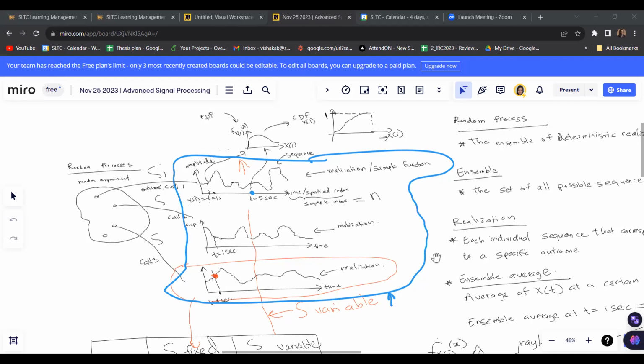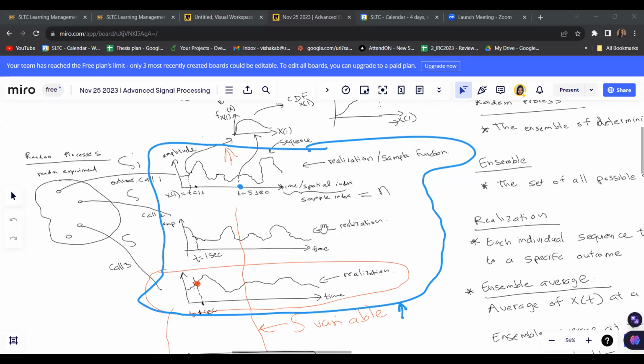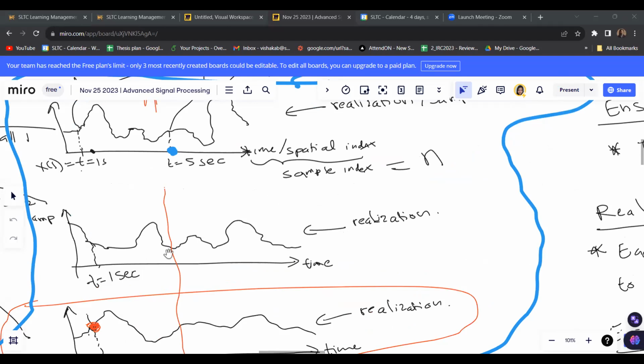So one outcome is known as the realization, and in this case, the outcome is not just one number; it is a sequence of numbers. It is a sequence of outputs. So basically, a realization looks like this, where we consider a realization as one outcome of the random experiment.